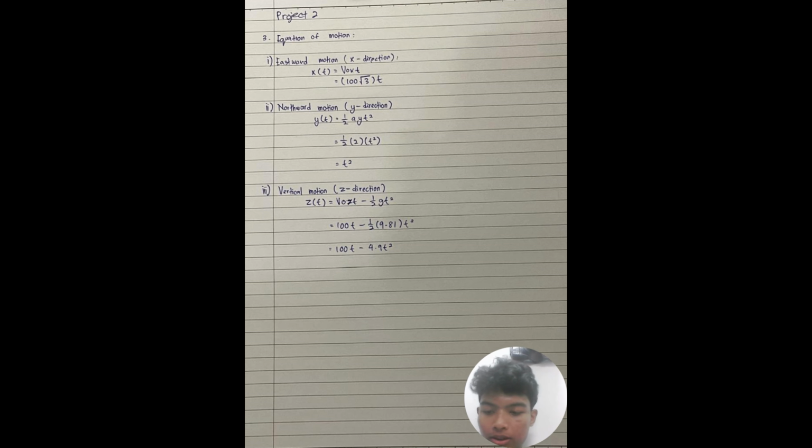Substituting values, z(t) equals 100 t minus 1 over 2 multiplied by 9.81 multiplied by t squared. Simplifying, z(t) equals 100 t minus 4.9 t squared.